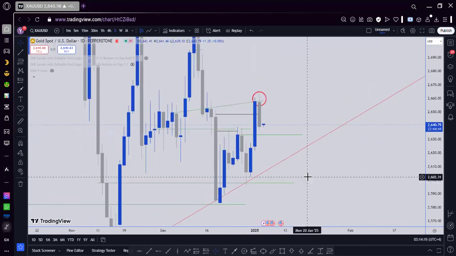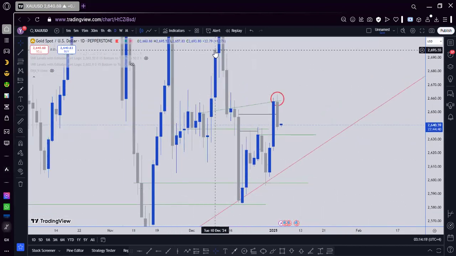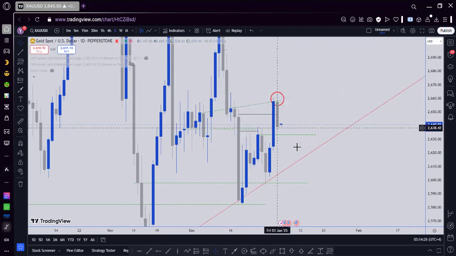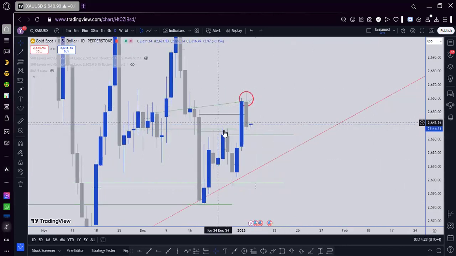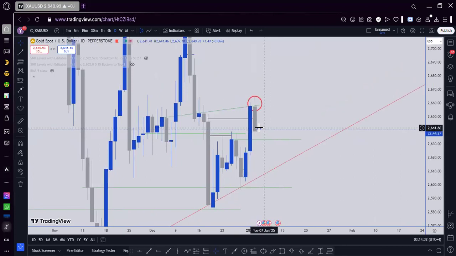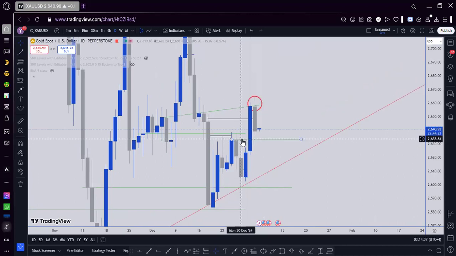Very simple. So the monthly is bullish, the weekly direction is bullish also, and the daily direction is bearish. So in this case, you have two choices. You can take the sell trades until the price reaches another fresh daily level.